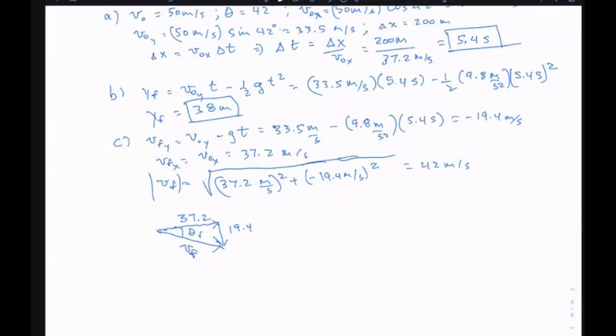Here's theta sub f. The magnitude of theta sub f is equal to the arc tangent of the ratio 19.4 to 37.2, and that's 30 degrees.